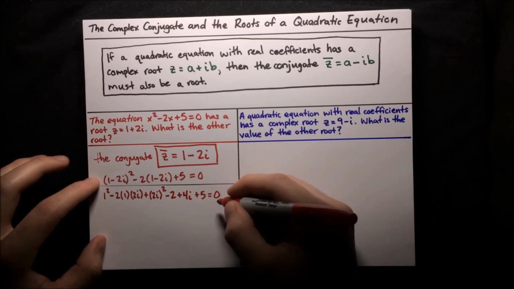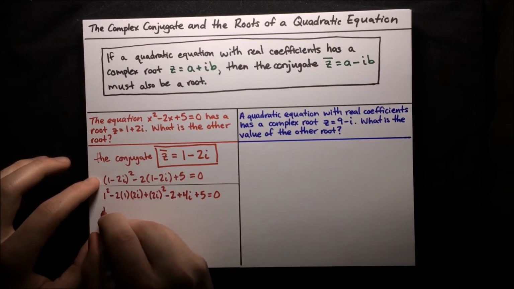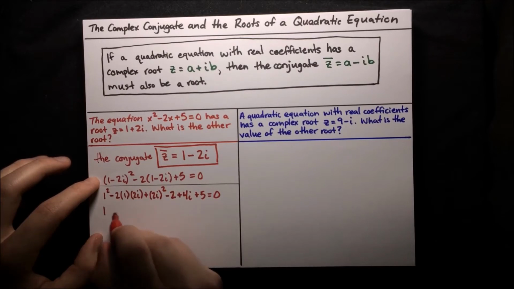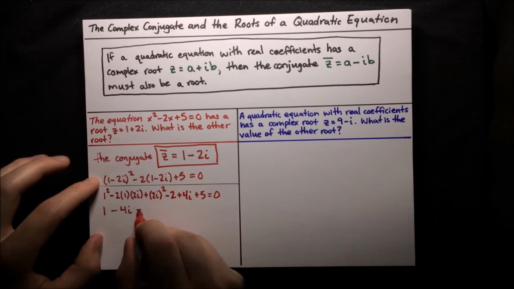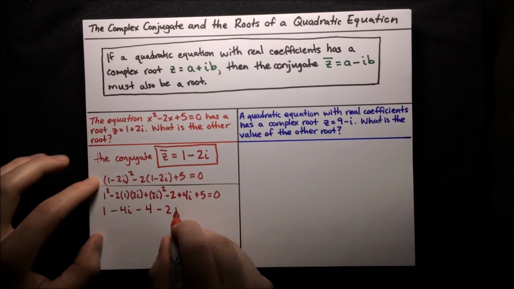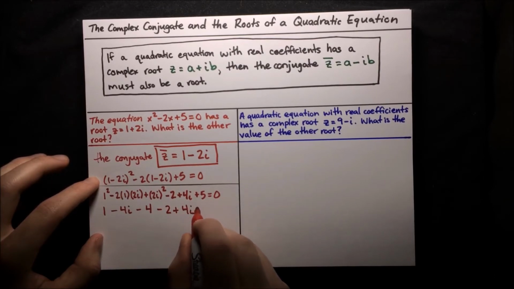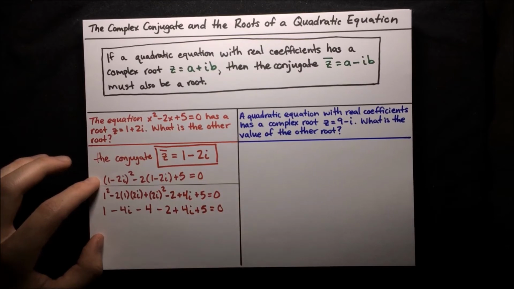And let's just continue simplifying, and we'll see that it all simplifies to 0. We get 1, and then minus 4i, and then 2 squared is 4, but i squared is negative 1, so minus 4, and then minus 2 plus 4i plus 5 equals 0. So let's see what cancels out.